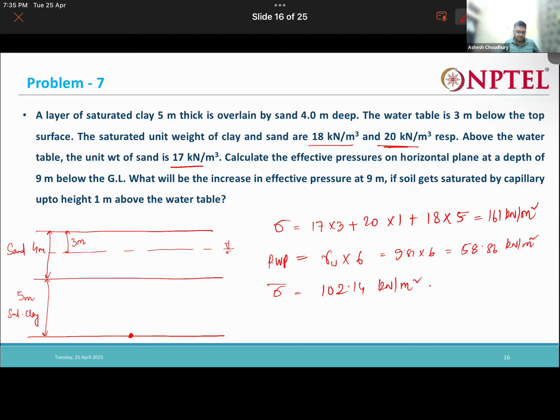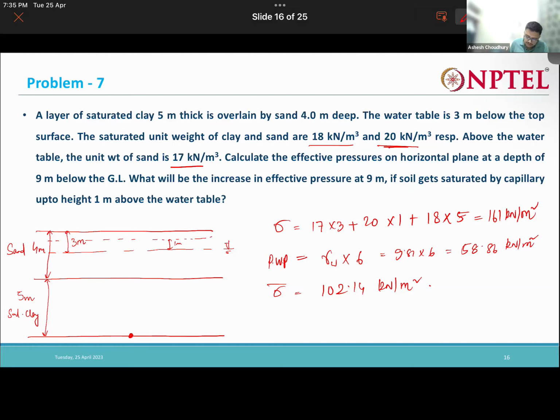Okay, now we need to see what will be the increase in effective pressure at 9 meters if the soil gets saturated by capillary action up to a height of 1 meter above the water table. So now this is the capillary rise, so this part is also saturated, right?